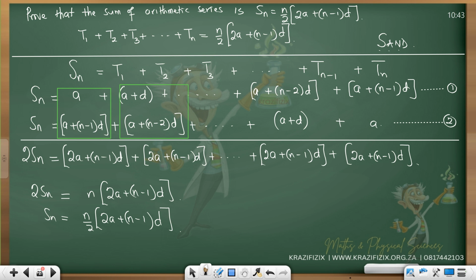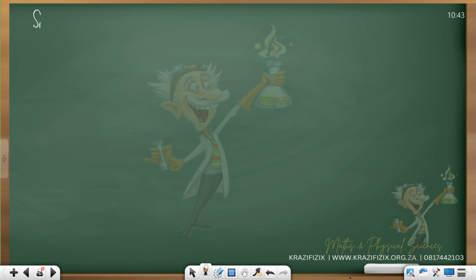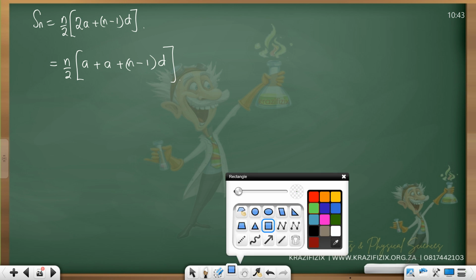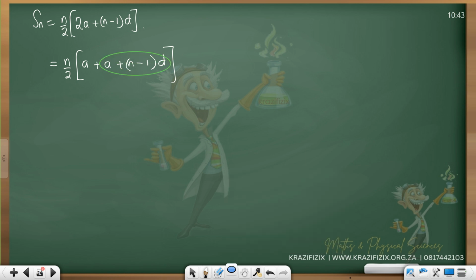So, we are here. Sn is n over 2 (2a plus (n minus 1)d). But look at this. We can rewrite this. What is 2a? It is simply a plus a. You remember that, right? Focus on this for me now. Haven't we seen that before? a plus (n minus 1)d.